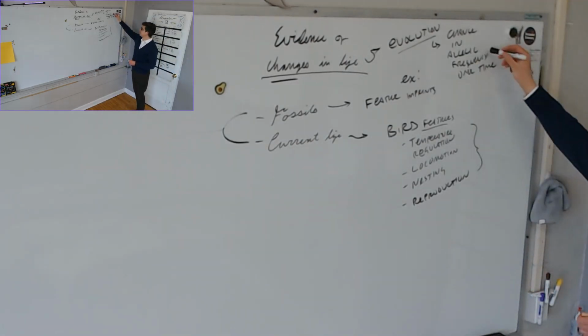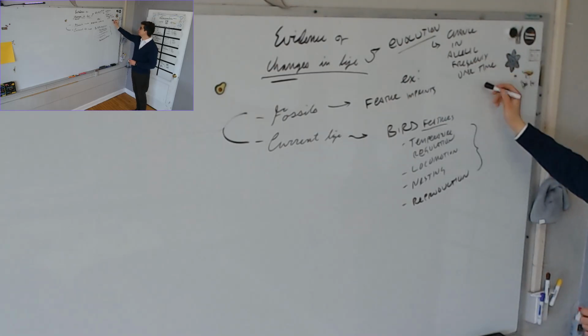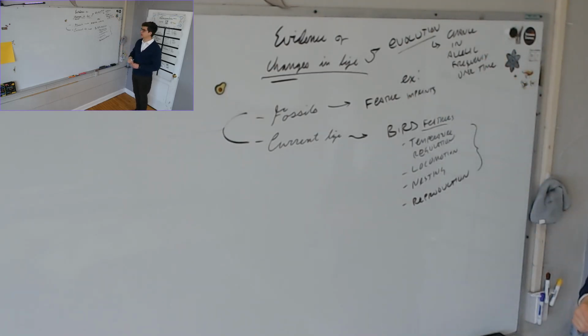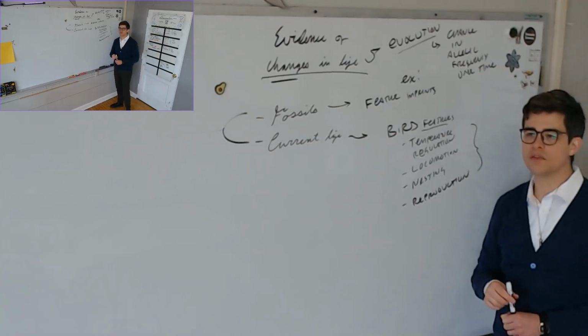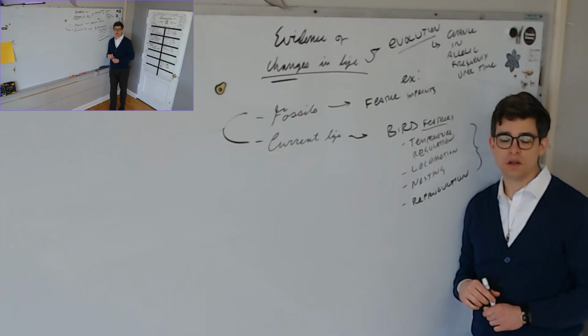But when I say change in allelic frequency, alleles are expressed genes, and frequency means how often those are expressed. And over time means that, and really, you don't have to look far to find that life and time itself cause change, right?